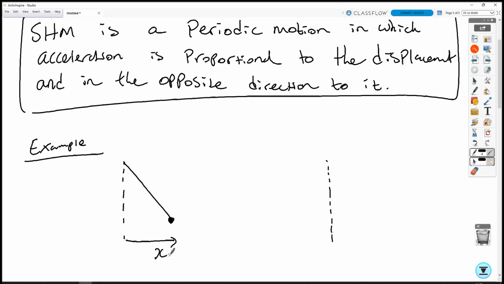Now, if we have a second pendulum, let's displace this one the opposite way, to the left, and we'll also make its displacement much smaller. So we'll call that x.